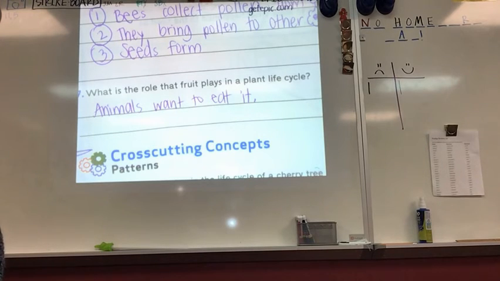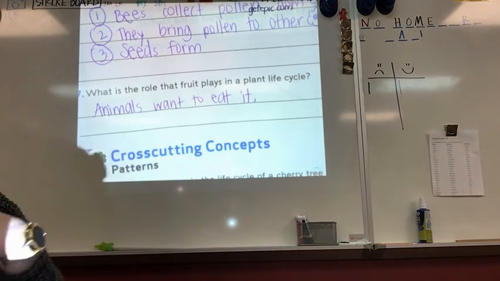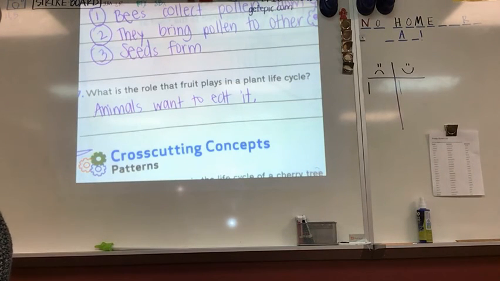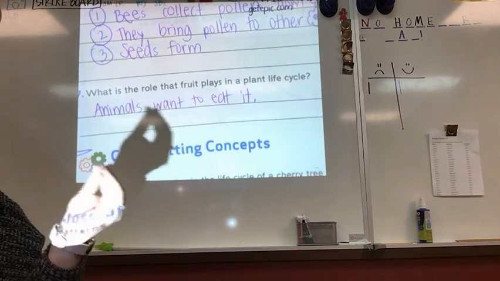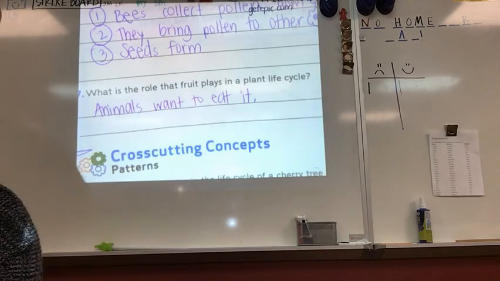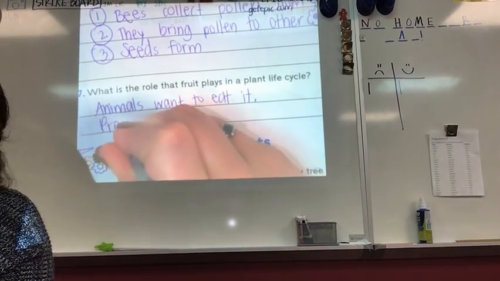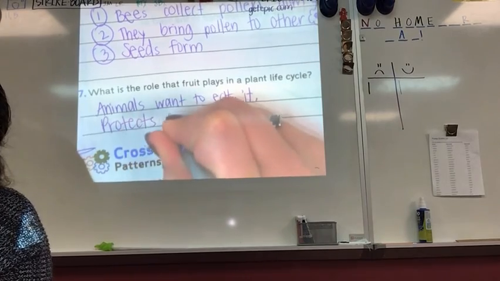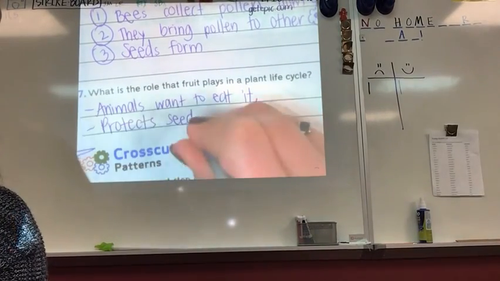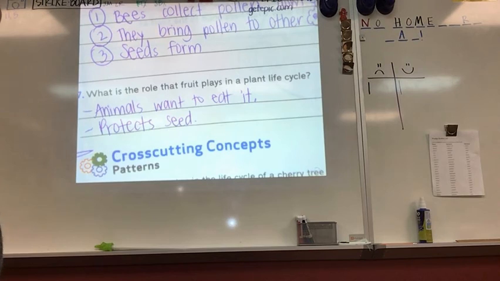So no one would be able to eat it, and it would just be a seed that would just drop on the ground, like a pine cone. Oh, so maybe it would be more like a cone tree. That differs it from cone trees by letting it have fruit. I'm gonna say that fruit also kind of protects the seed and lets it grow longer, right? So maybe let's add protects. Animals would starve. Well, they would probably find some other things to eat. But go ahead and finish jotting down your notes for number 7, and then we're going to go check out our seeds.